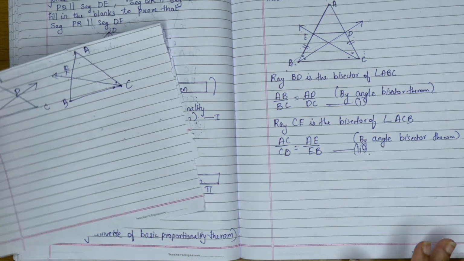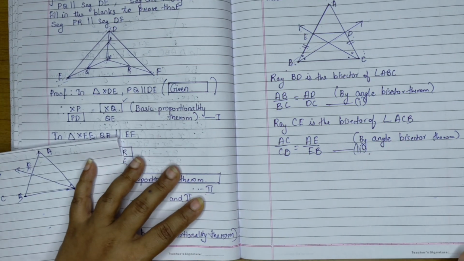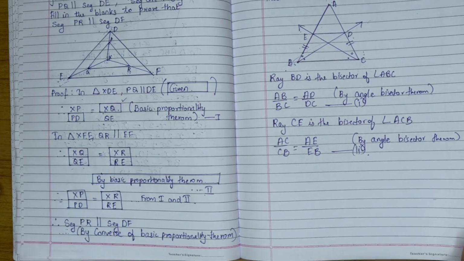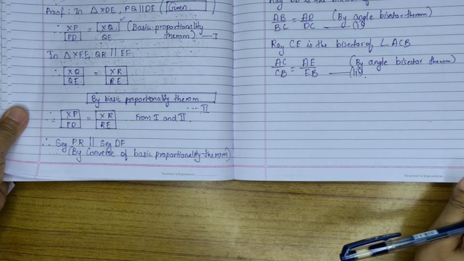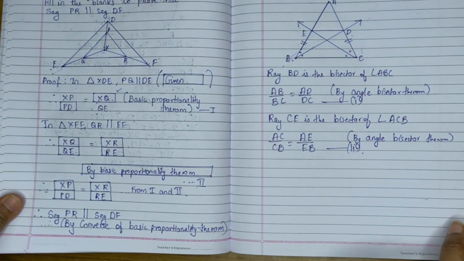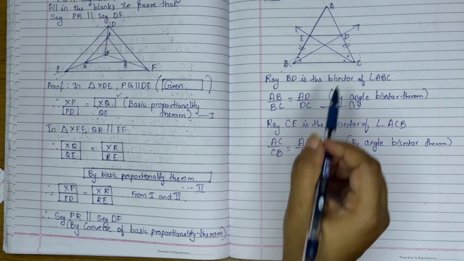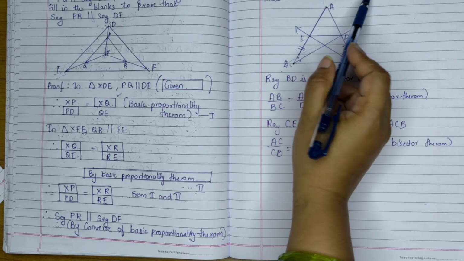Understood? After finding that, what is given here, we can write down: segment AB is congruent to segment AC.